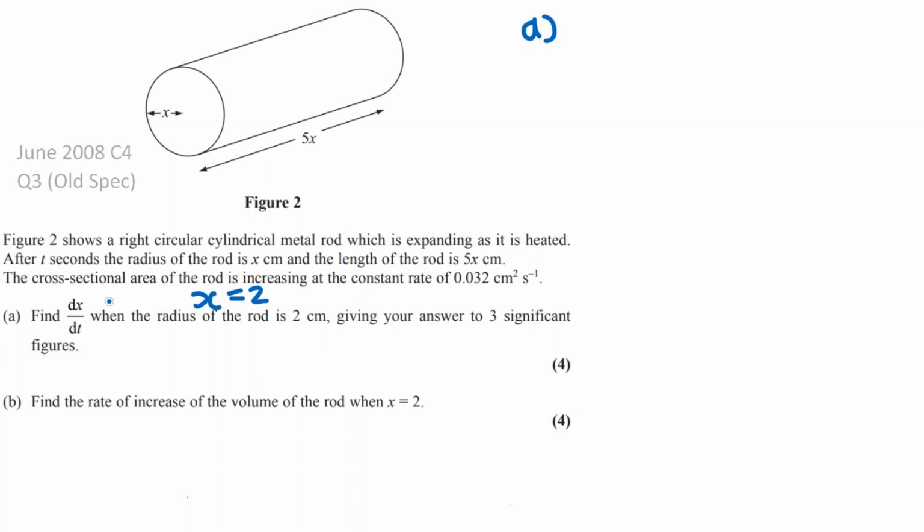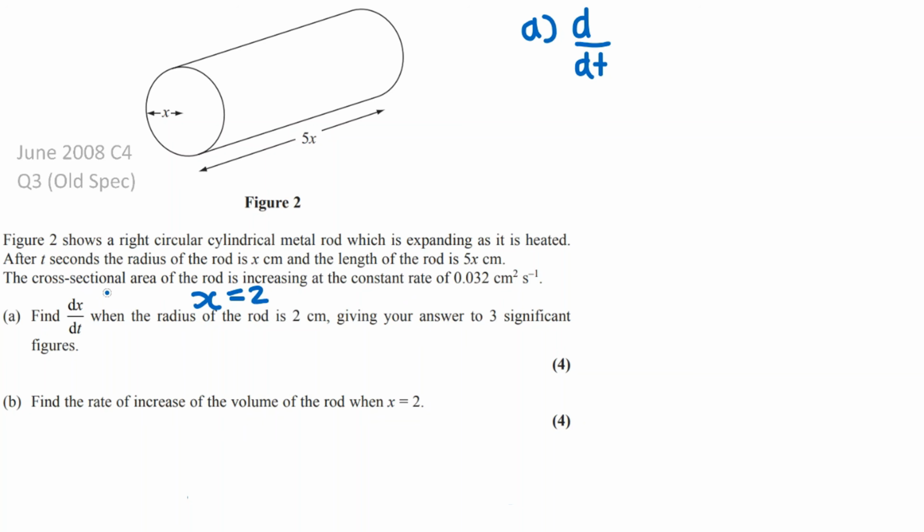So we need to find dx over dt, and we can make some differential equations using the information we have. Firstly, we're told that the cross-sectional area of the rod is increasing at a constant rate, so we have this keyword rate again, so it's going to be d something over dt.